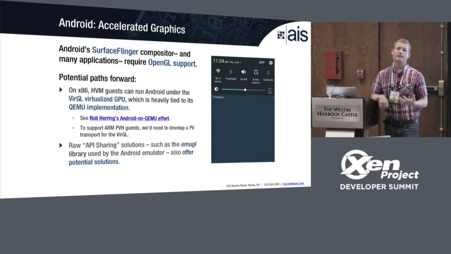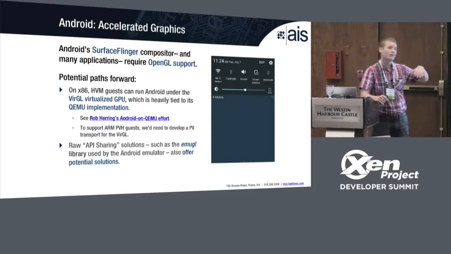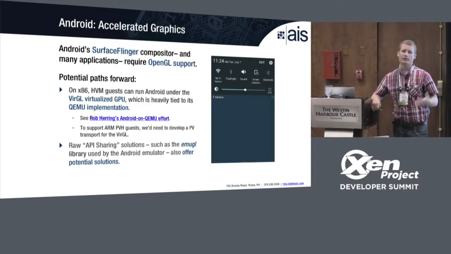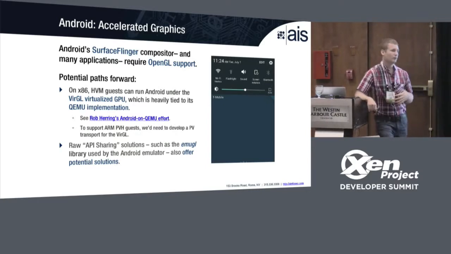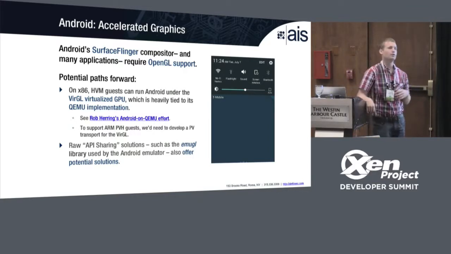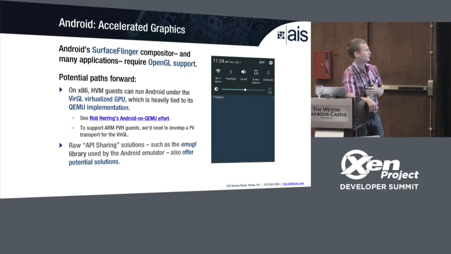We've done some prototyping of getting it running on Xen. To do it on Xen on ARM, you have to provide a PV transport for that VirtIO device. That would be the biggest hurdle to utilizing it on ARM platforms to provide that graphics capability.